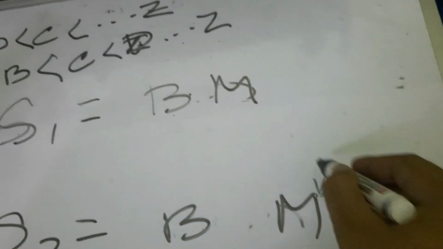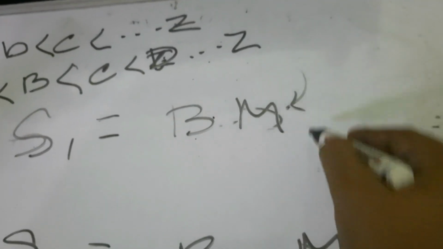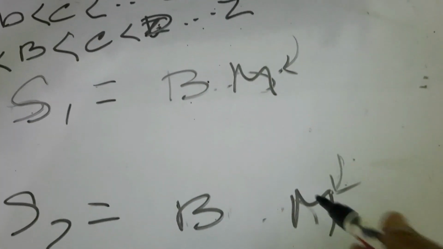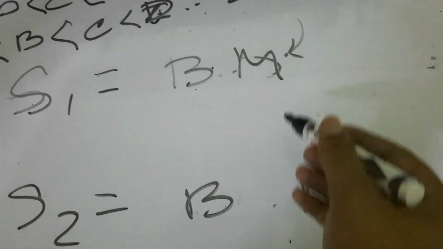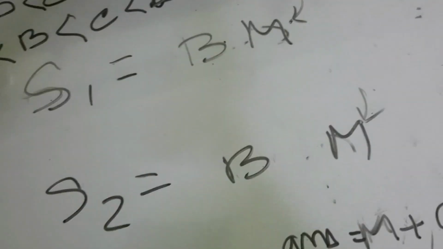So M has greater ASCII value than C, that's why it is still there. Suppose instead of M there was B, so in that case M has to be deleted. So that's how we can see which one we need to delete and which one to not.